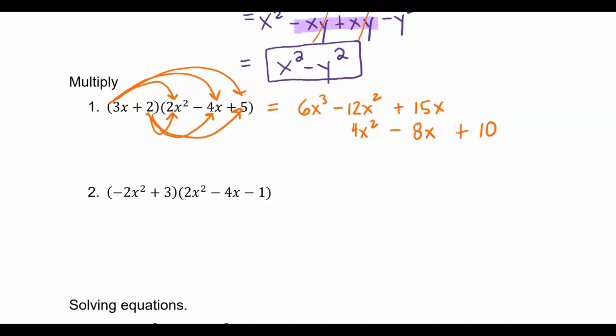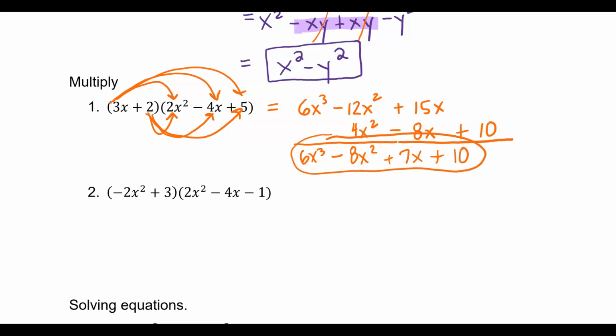So it would be by itself. So now you can add everything together. That would be 6x cubed minus 8x squared. 15x minus 8x is a positive 7x. And simply write your 10 down. So your answer is 6x cubed minus 8x squared plus 7x plus 10.